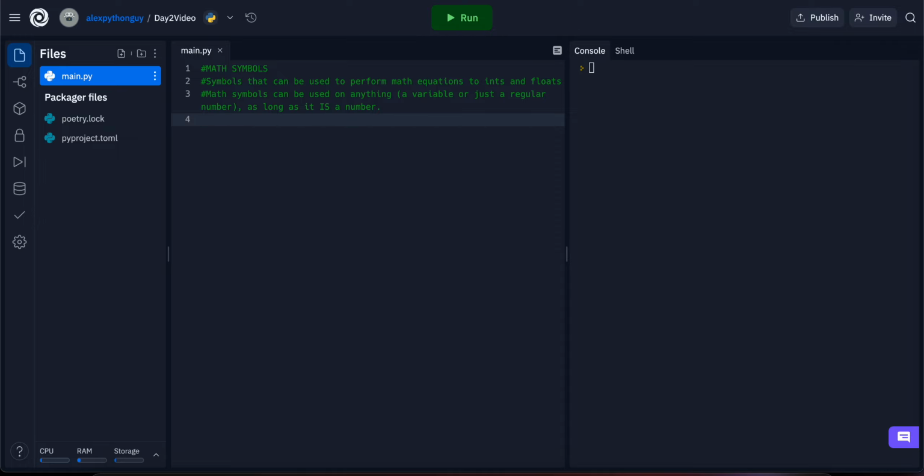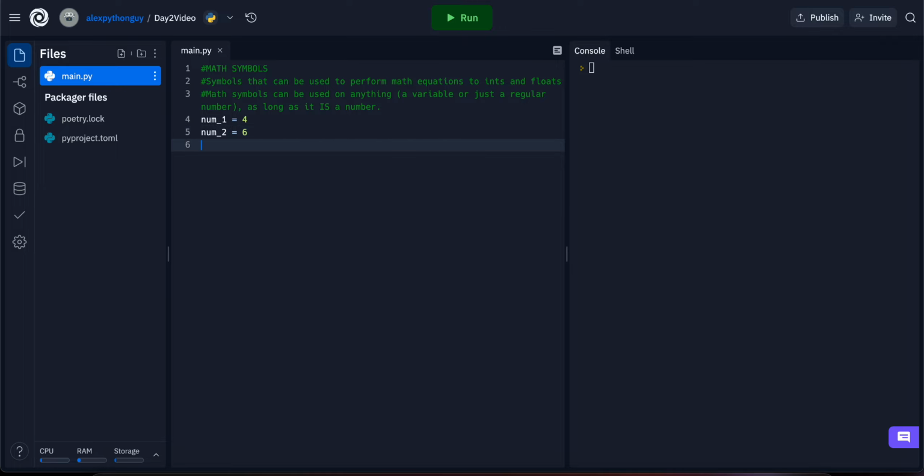So, let's start off by creating a variable called num1. It's not a very descriptive variable name, but it'll do for now. Let's set num1 to 4. Then let's make one called num2 and set that to 6.